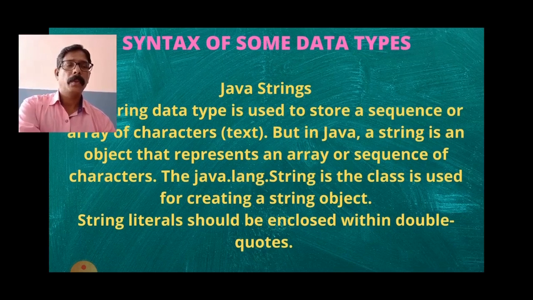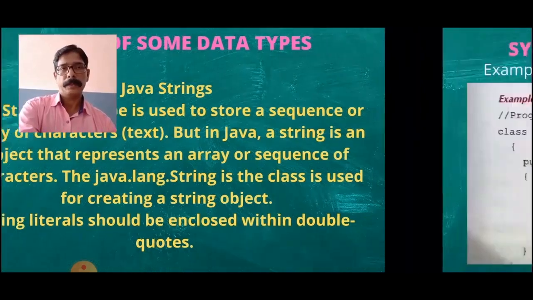If you want to enter or display a sequence of values, then you can use the Java string data type. Java.lang.String is the class used for creating a string object. String literals should be enclosed within double quotes. So, the rule of writing a program is that they should be enclosed within double quotes.